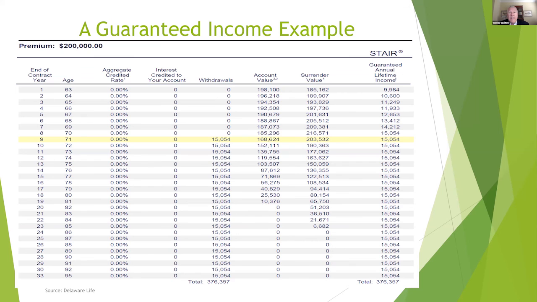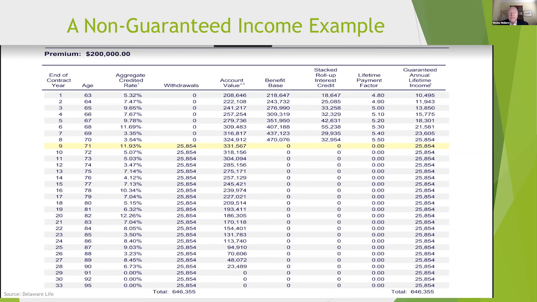But let's see what happens if there are gains to be realized. This is an actual historic result, same product, same company, but here we do have gains. So the gains are growing on your credited rate. The best year was 11.93.